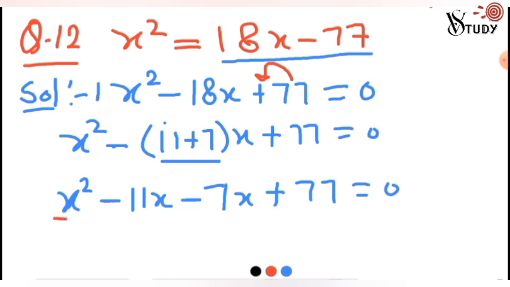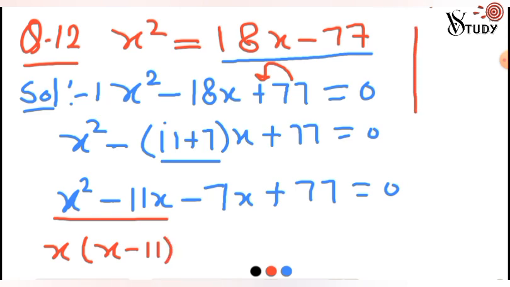Now from the first two terms we have to take common, and here we can see x is the common multiple in both terms. So we take x as common. After taking x common, we have x minus 11.